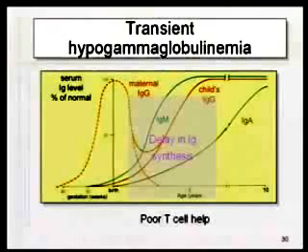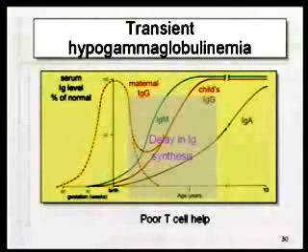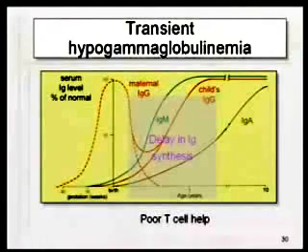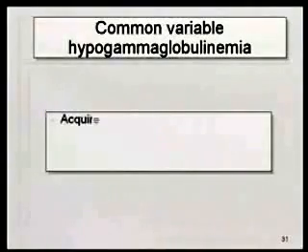Maternal IgG has already decayed, and they are not producing their own, but they catch up later on. In this window, they are very susceptible to infections that involve antibodies, that means bacteria of different varieties, particularly extracellular bacteria. But they do catch up, and during that period, they can be given gamma globulin treatment. Okay.